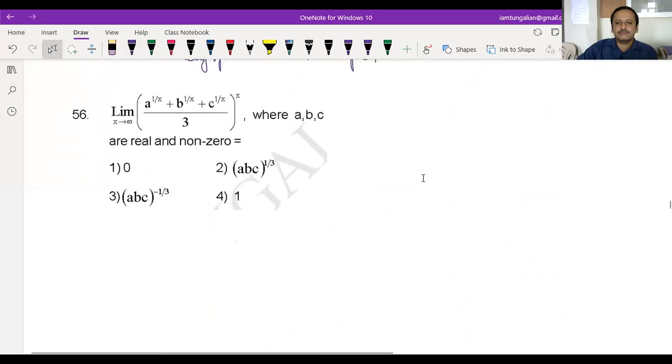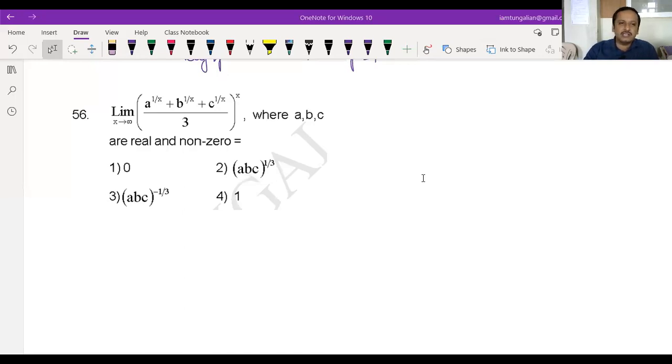Okay, next question, which is question number 56. Limit x tends to infinity of ((a power 1 by x plus b power 1 by x plus c power 1 by x) by 3) whole power x, where a, b, c are real and non-zero, is equal to.